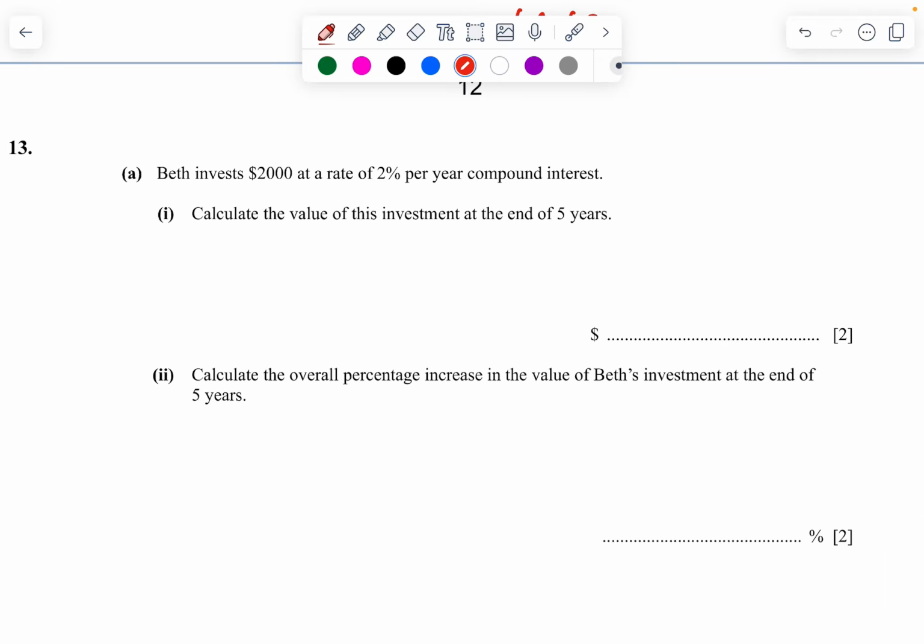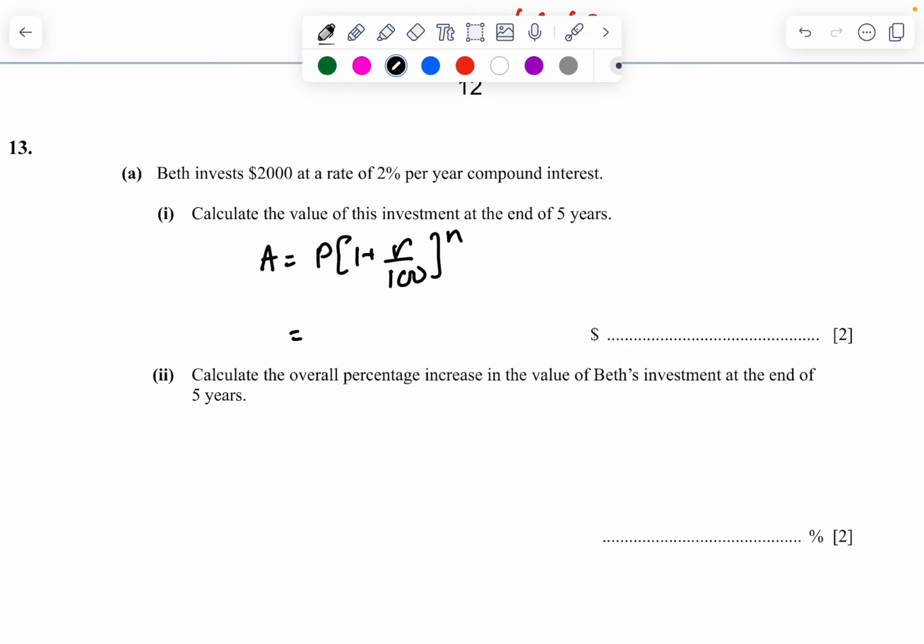Then question number 13. Beth invests 2000 at a rate of 2% per year compound interest. Calculate the value at the end of 5 years. So this is the compound interest formula. You have to read the question to see whether it is compound interest or simple interest, and based upon that we do the calculations. So it's compound interest.